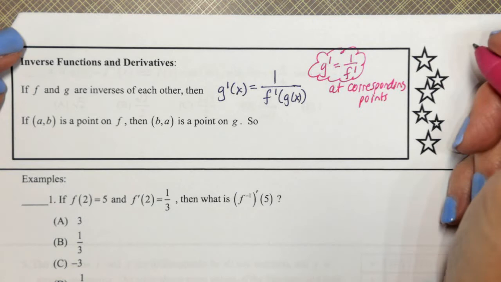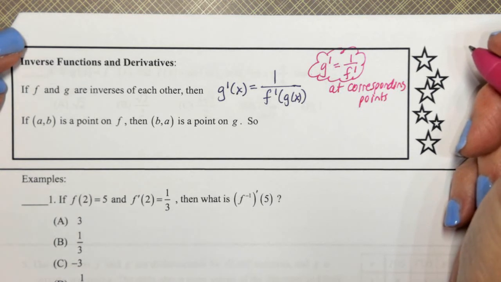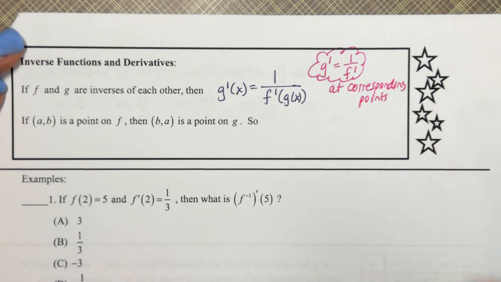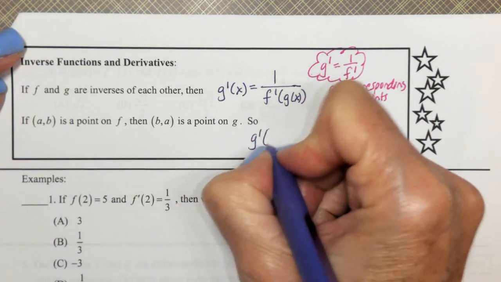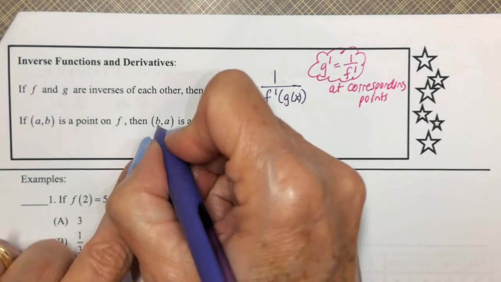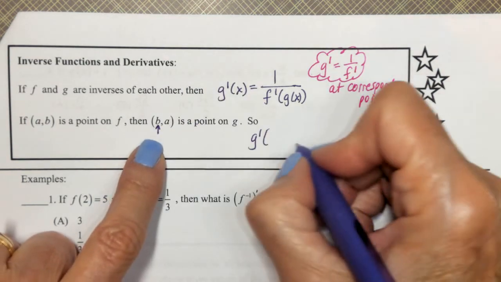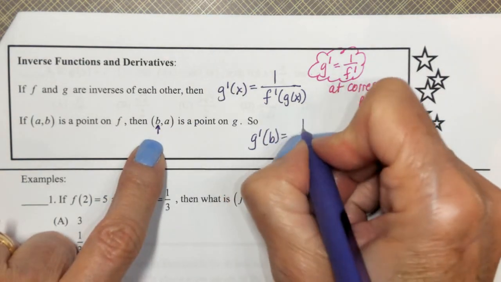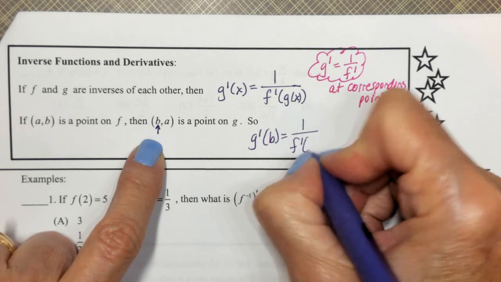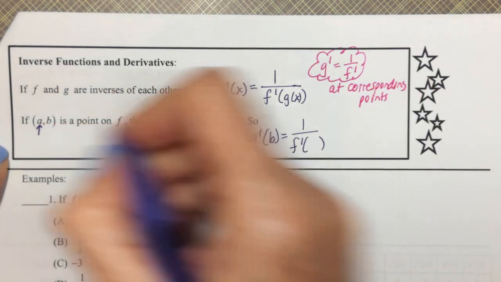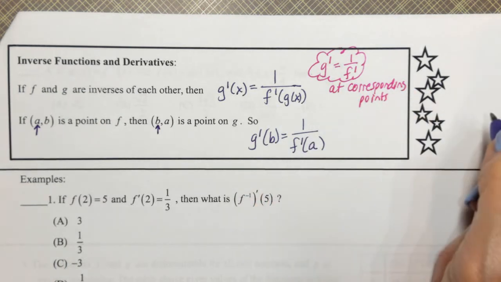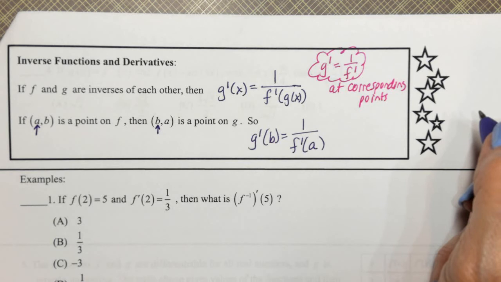So if A, B is a point on F, then B, A is a point on G. So G prime at its X value, there's G's X value, is 1 over F prime at its X value, A. So A, B is the point on F. All right?